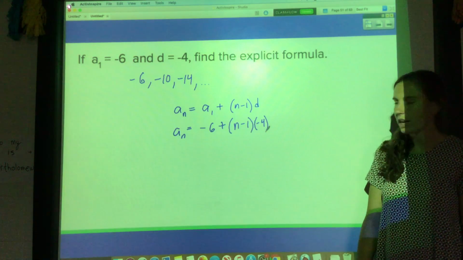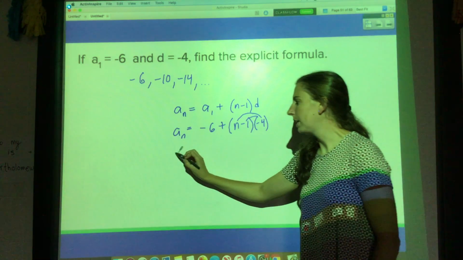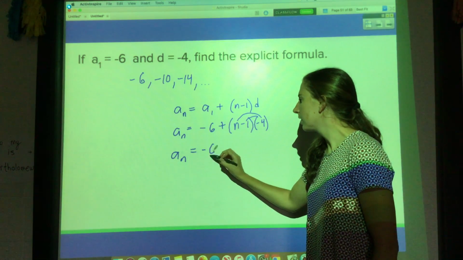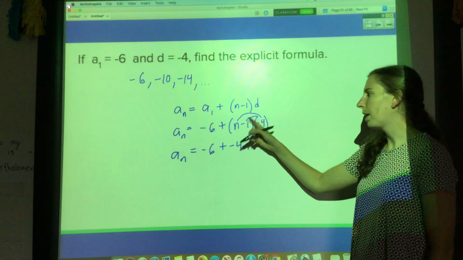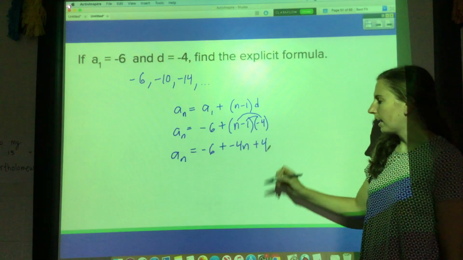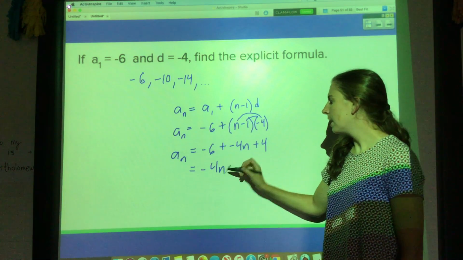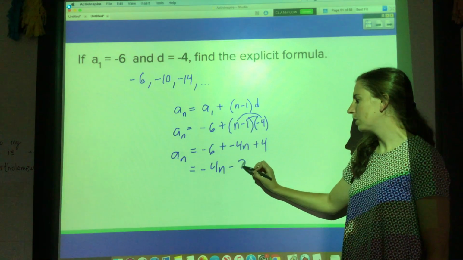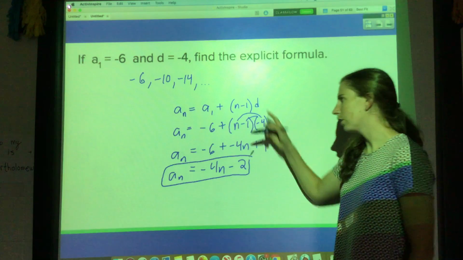You may want to simplify a bit because I can distribute that negative 4. So that would be negative 6 plus negative 4n and positive 4. And then, so we've got negative 4n, negative 6 plus 4 is negative 2. So that's a slightly simplified version, but either of those are fine.